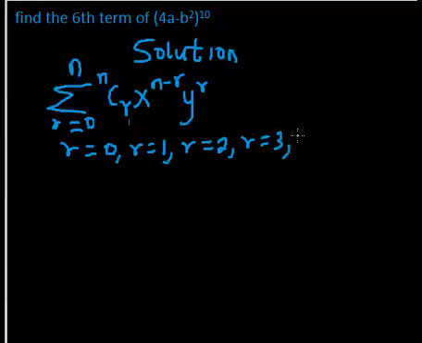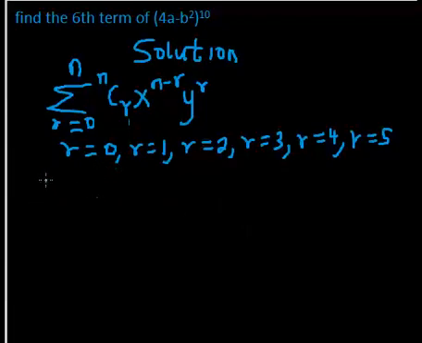Fifth term, r is equal to 4. While the sixth term, r is equal to 5. So you can discover that for any term, r is always 1 less than that term's position. If you are asked to find the 10th term, r is 9. If you are asked to find the 8th term, r is 7. So you know the formula and how we do that.